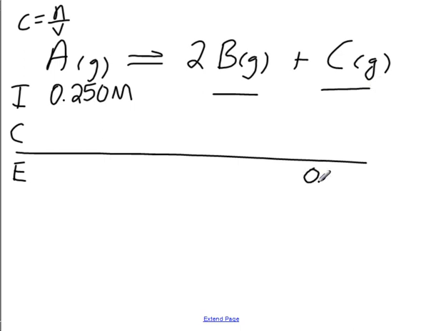So 0.050 molarity. We can now finish the table because we know the starting and the equilibrium amount of substance C. We can see that it must have gained 0.050 molarity. Since it started with 0 and ended with 0.05, it must have gained 0.05.